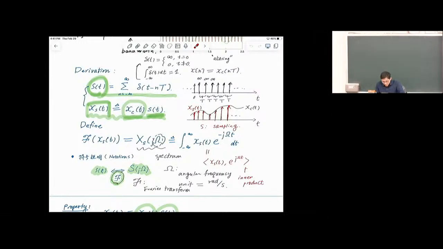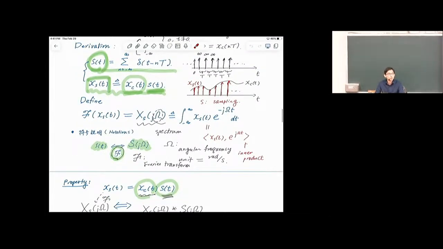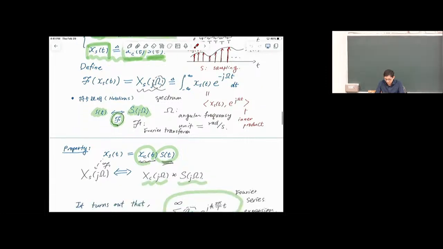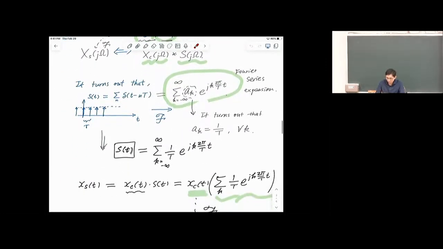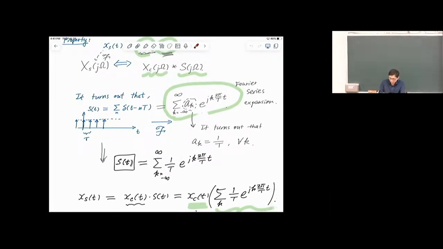Then the rest is just derivation. We are going to go to the frequency domain. The first thing we should pay attention to is to perform Fourier series expansion of S of t.